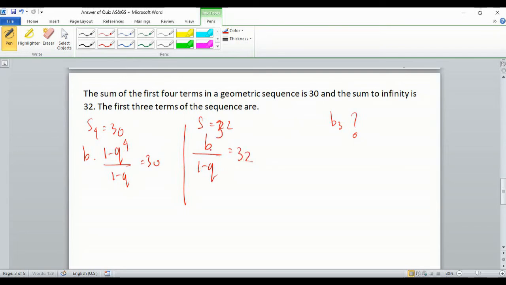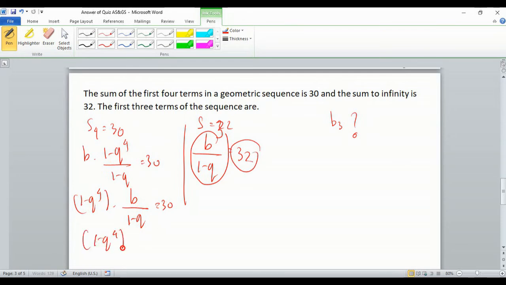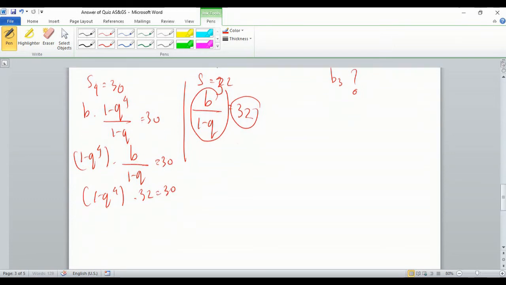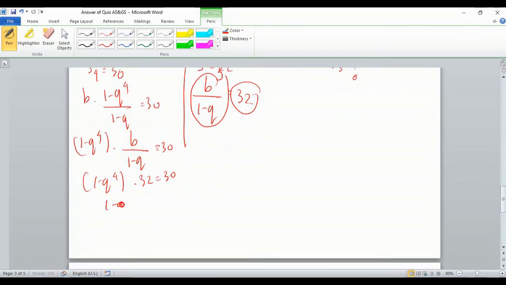So B over 1 minus k equals 32. So I can move this position to B over 1 minus k times 1 minus k power 4 equal 30. B over 1 minus k, the value is 32. So 1 minus k power 4 times 32 equal 30. And then 1 minus k power 4 equal 30 over 32.